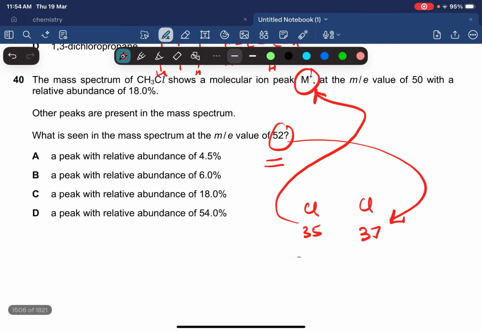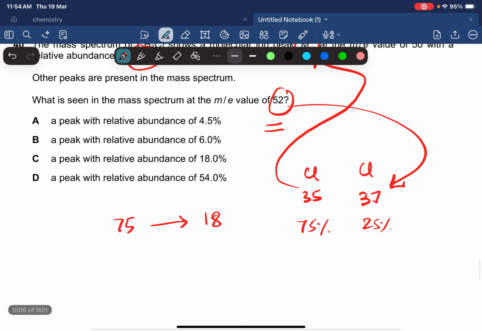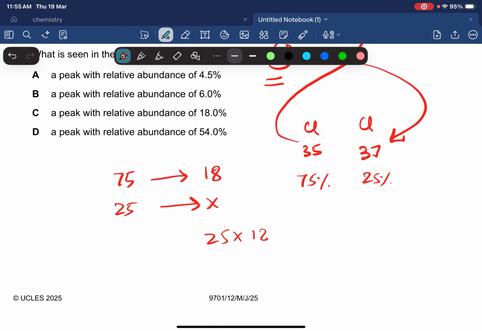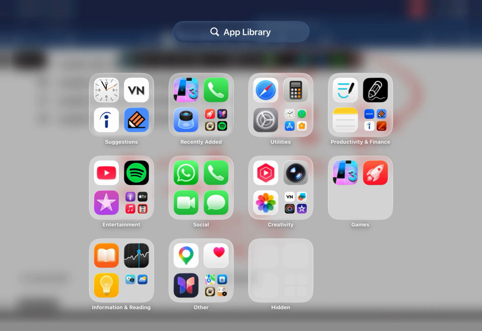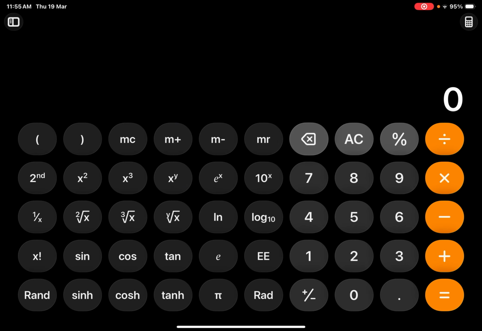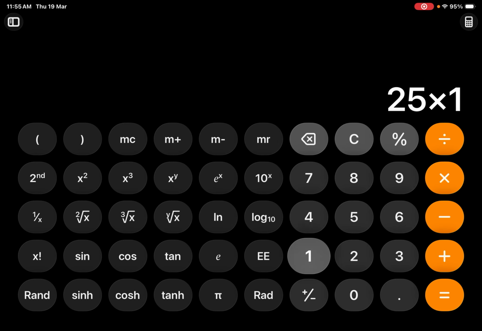The 35 isotope is 75% abundance, and the 37 isotope is 25%. So if 75% abundance gave you a peak of 18%, then the 25% abundance is going to give you a peak at X. Calculate the value of X: 25 into 18 divided by 75, and that gives me 6.